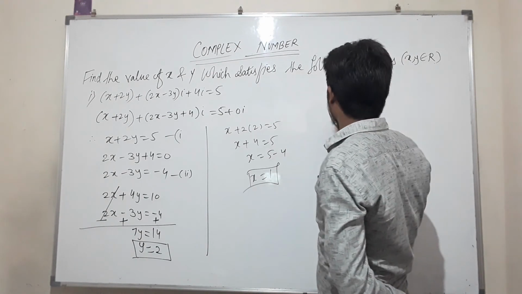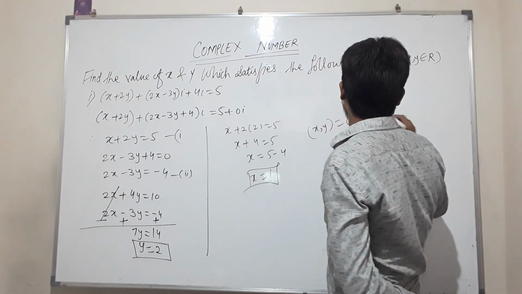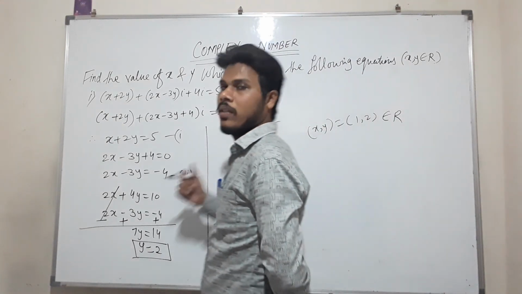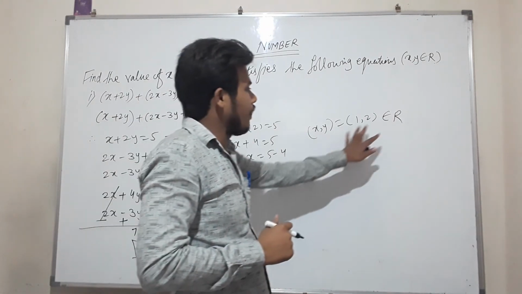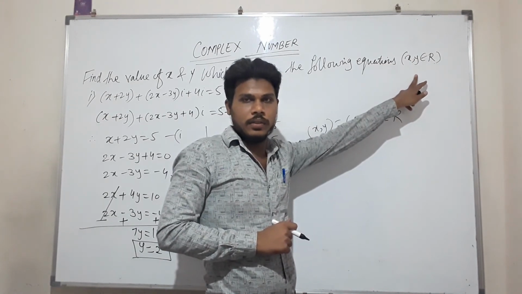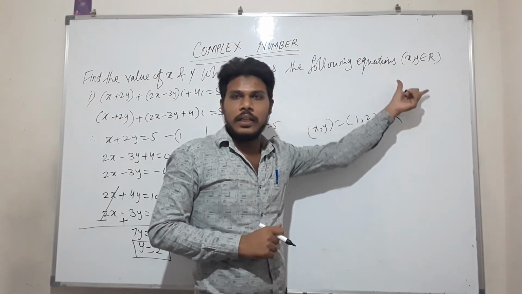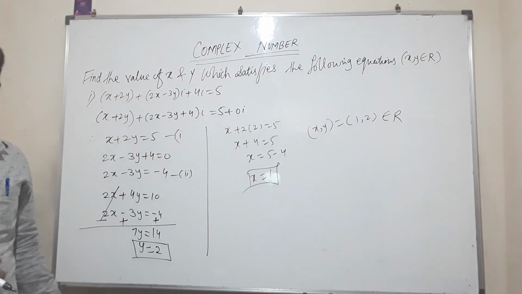Here we are getting x, y is equal to 1, 2, which belongs to R. The condition is given in the question only, so you have to cross check whether we are getting real numbers. Here we are getting real numbers. So in this way you can find the value of x and y.